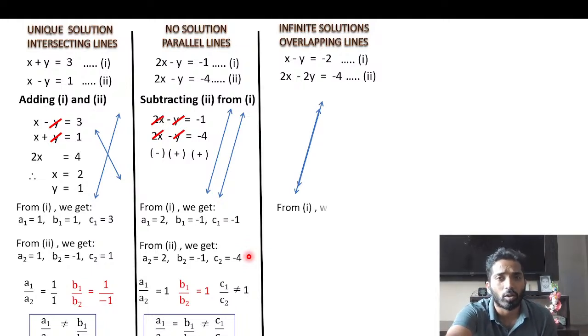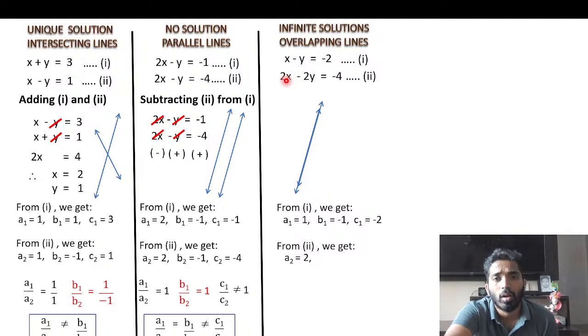Now, similarly for the third case, from equation 1 we get A1 is 1, B1 is minus 1, and C1 is minus 2. From equation 2, A2 will be 2, B2 will be minus 2, and C2 will be minus 4.